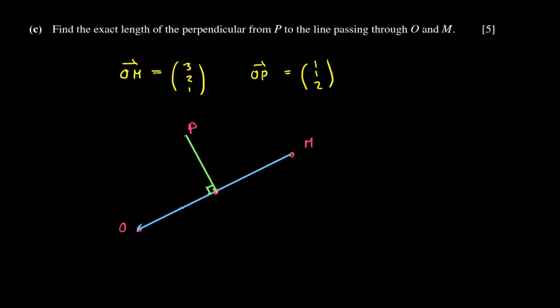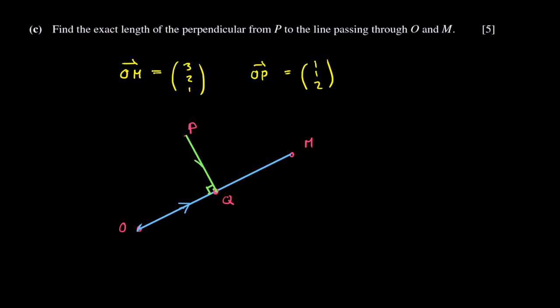If we've got these two lines, the blue line and the green line, these lines are perpendicular. That means we've got two perpendicular vectors, right? The vector OM, which is our blue line, is going to be perpendicular to that green line. Now, I should probably give this point here on the line OM a name. In the mark scheme, they give it the letter Q, so I'm also going to call it Q to avoid confusion.